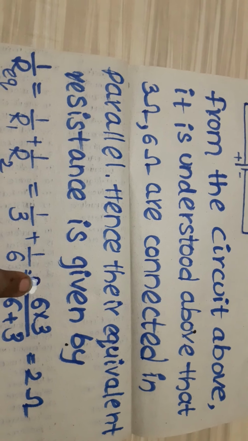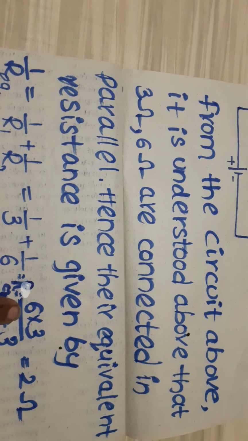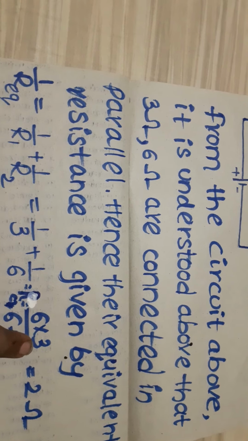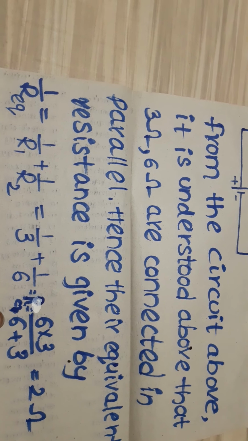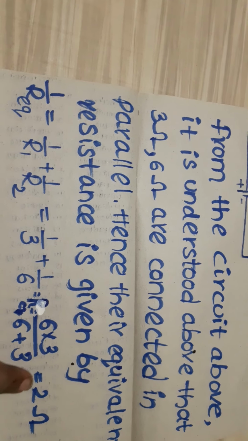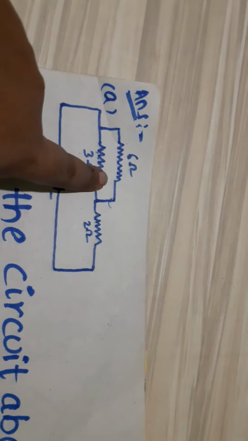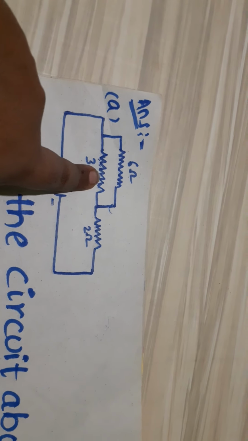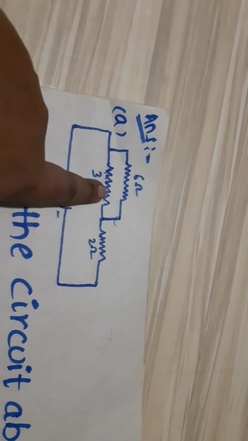I am going to find the R equivalent. It will be the reciprocal: 6 into 3 by 6 plus 3. The total value is 2 ohm. For this parallel combination, the total equivalent resistance is 2 ohms.